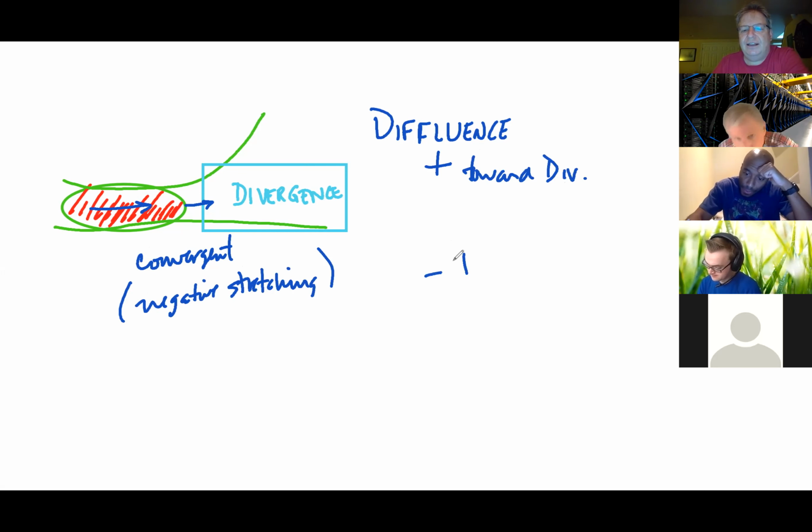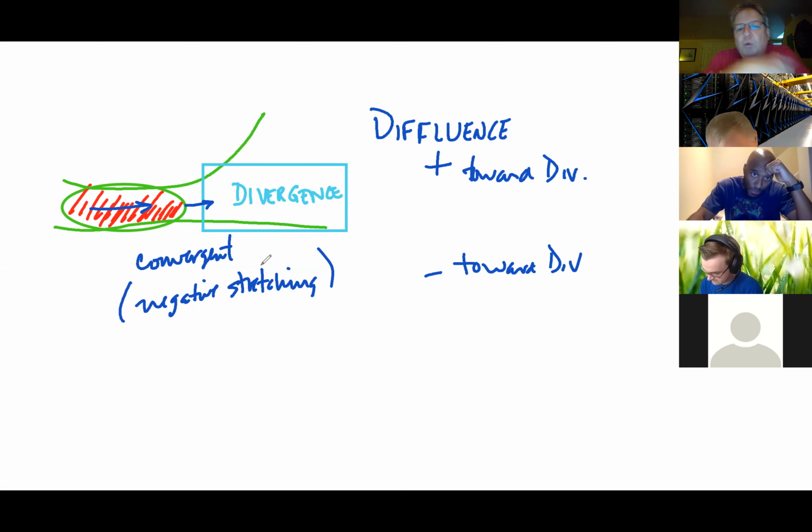This one is negative toward divergence. So it's negative divergence, convergent. So then the question is, when I add the two together, what actually happens? Is the air divergent or is it convergent? Which of those two terms is more in this picture?